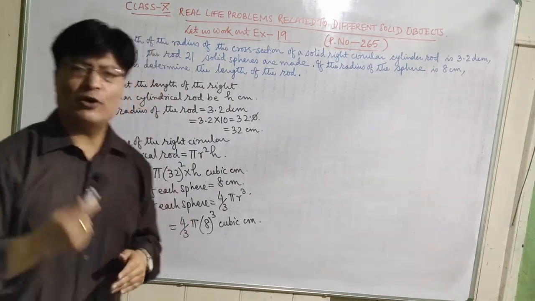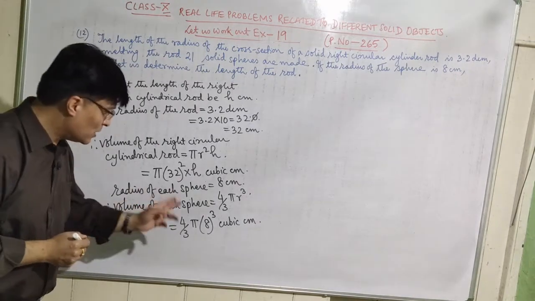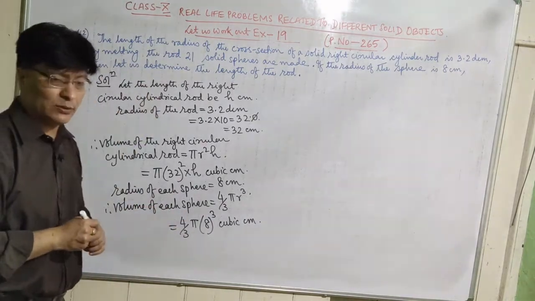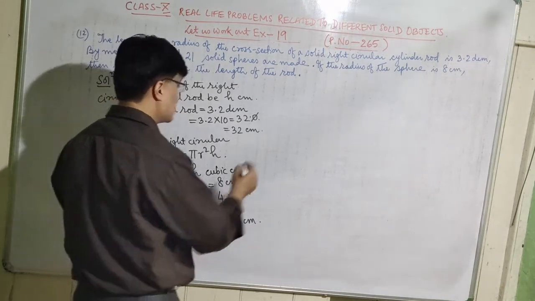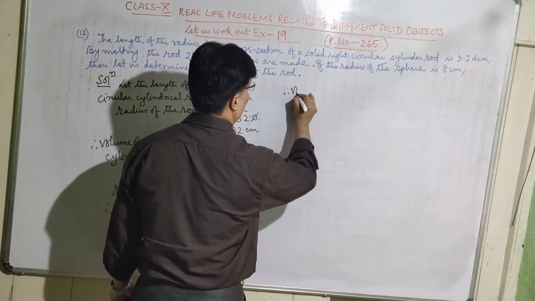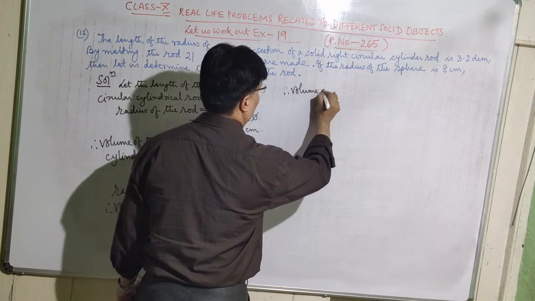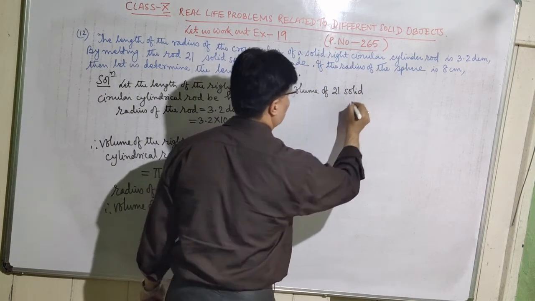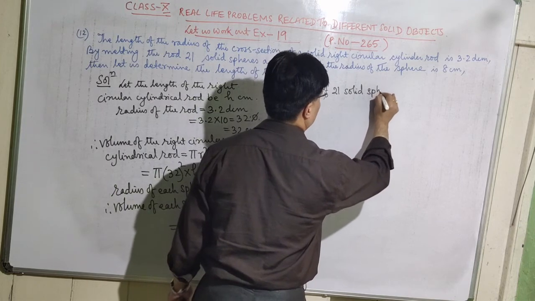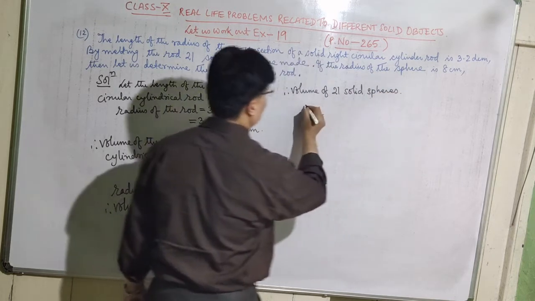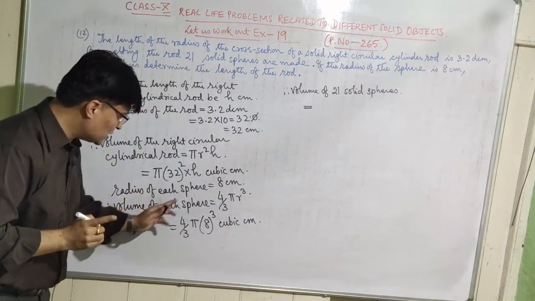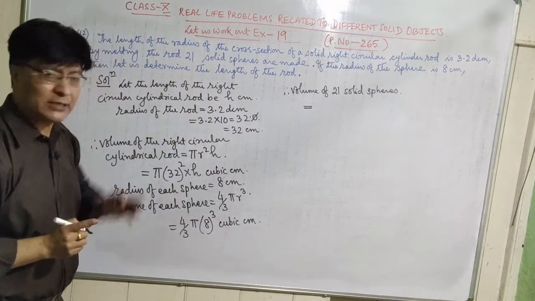So what is the volume of 21 solid spheres? This volume of each sphere should be multiplied by 21. Okay? So now let us write here. Therefore, volume of 21 solid spheres is equal to, this volume of each sphere should be multiplied by 21 now.